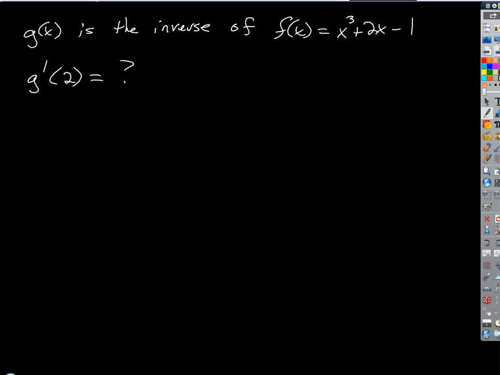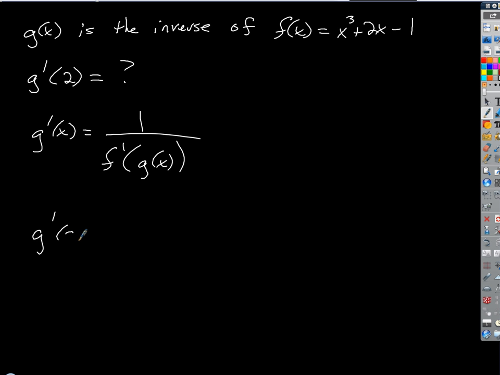Okay, because we know that g prime of x is going to be 1 over f prime of g of x. So g prime of 2 is 1 over f prime of what? g of 2.